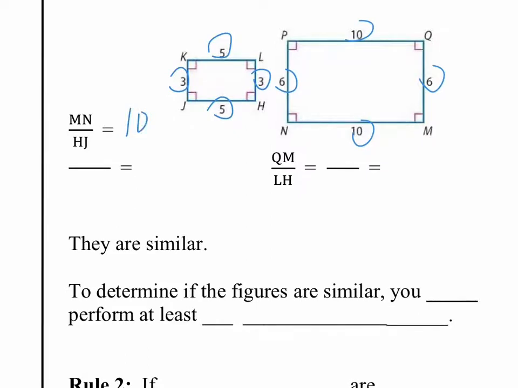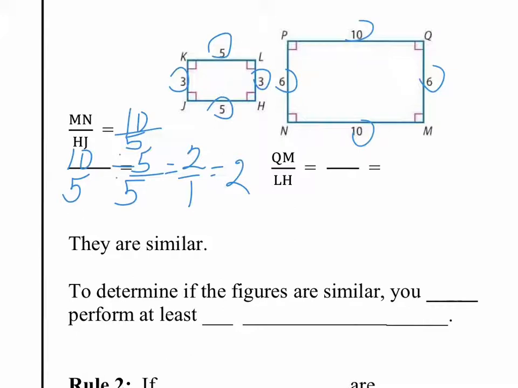What is the length of HJ? HJ on the smaller rectangle is 5. If you take that 10 over 5 and divide top and bottom by 5, you can simplify that to 2 over 1, which is equal to 2.